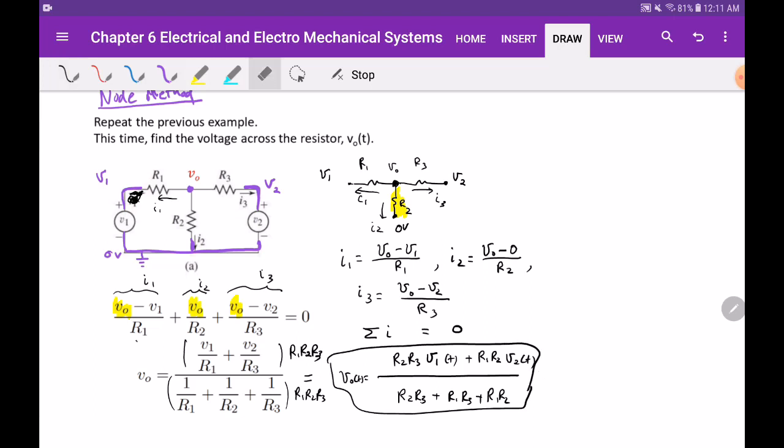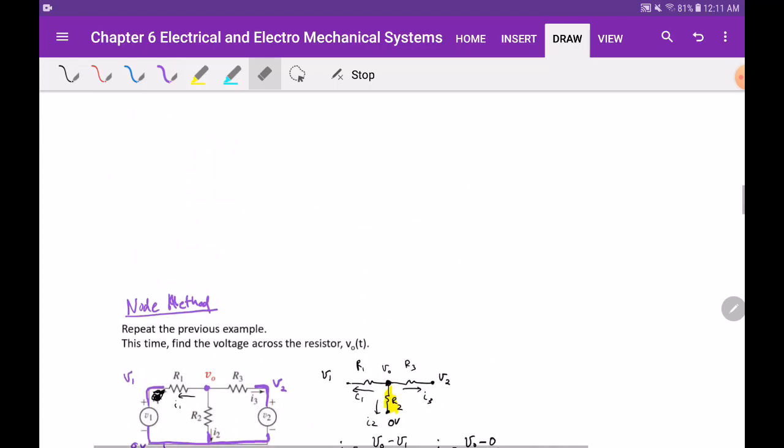So this node method is very useful if they're asking for the V out instead of the current. In fact, you don't even have to write any current, even though what you're writing here is the junction law: all the current going into the node must be equal to all the current coming out of the node.